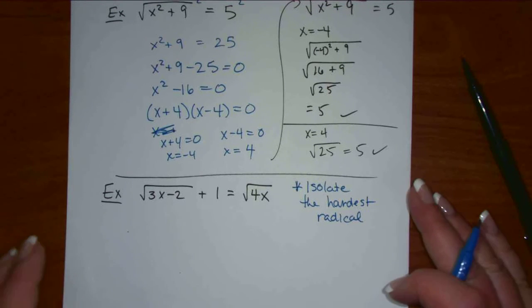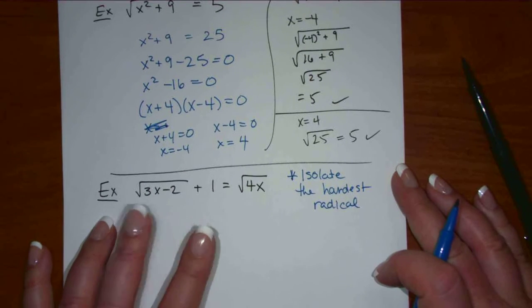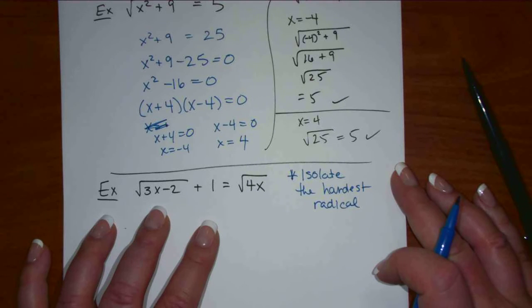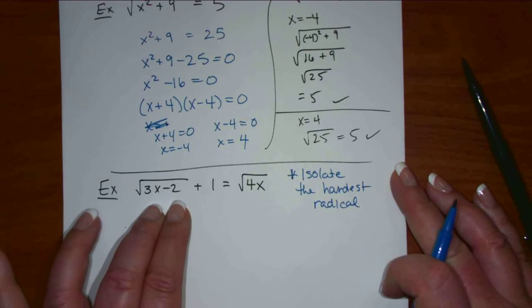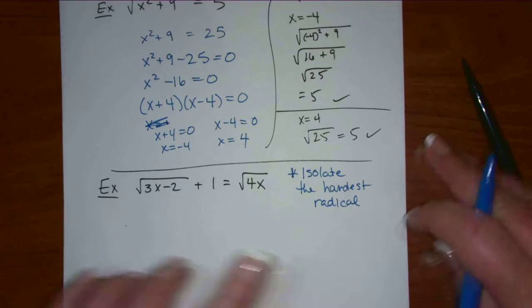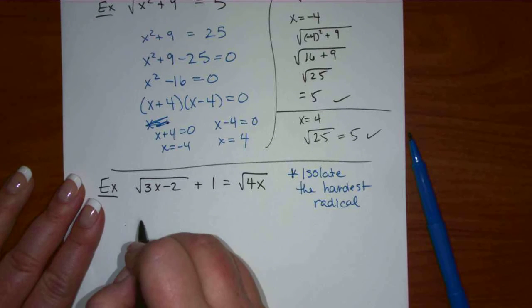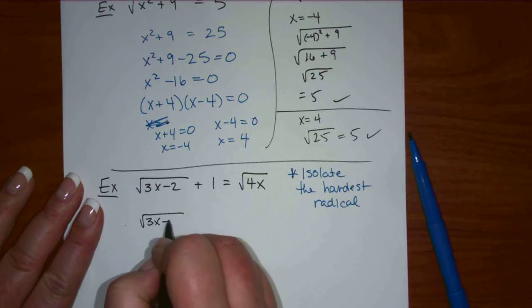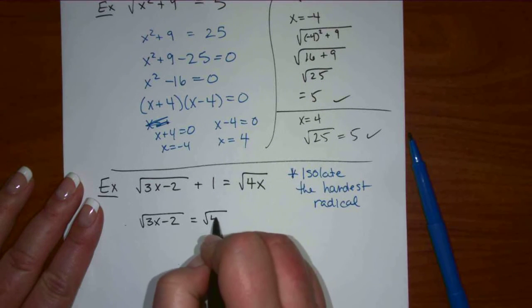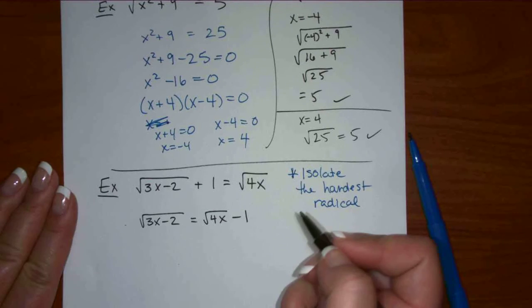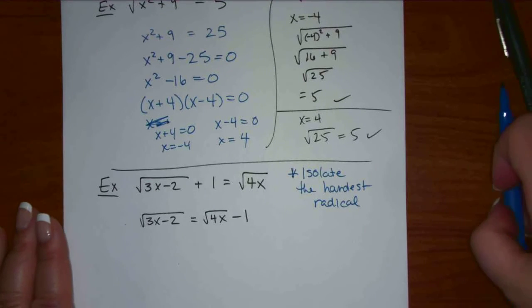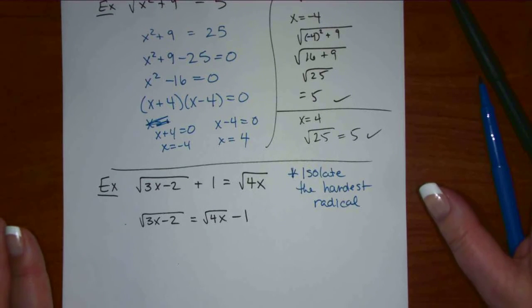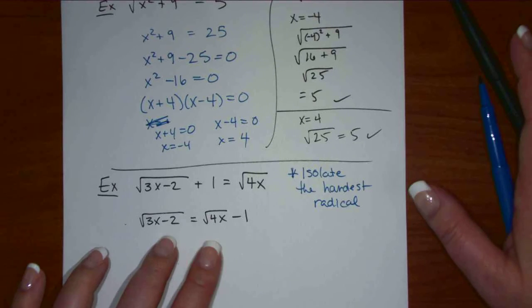So if I was going to do this, I would rearrange it first, although not absolutely necessary. I would put the harder one by itself and move the one over. Okay. You're going to end up with the same answer if you start with the easier one, but I think leaving the easier one till later is probably easier. So here we've got it. We've isolated it.